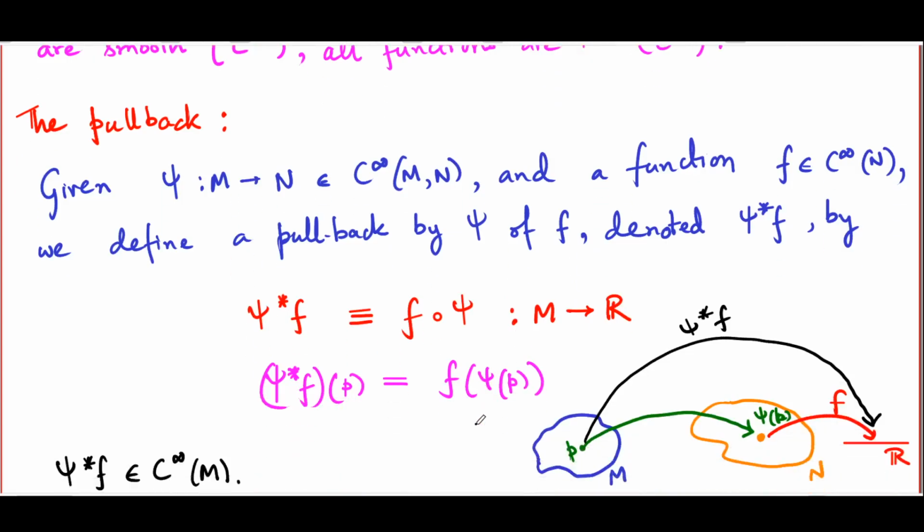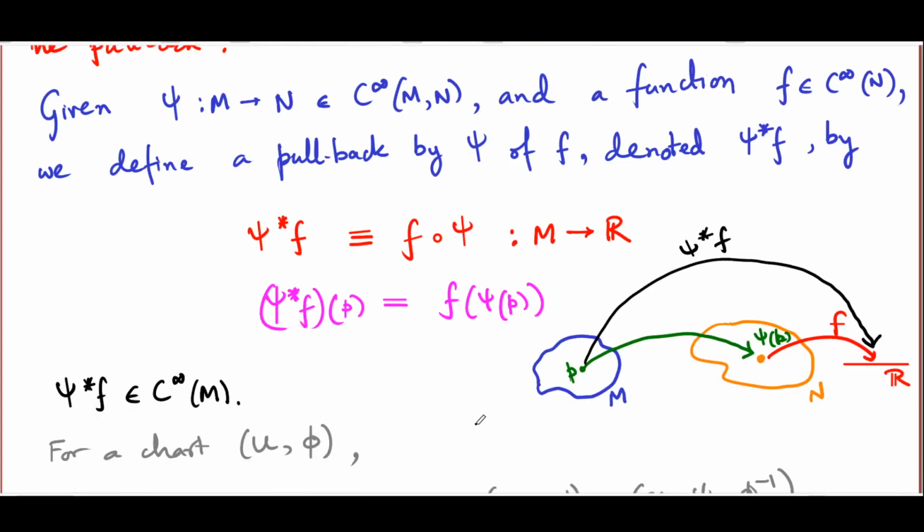So this is a map which takes you from M to R and is shown pictorially here. Here you have the manifold M, which is our domain of the map psi, and the map psi takes you from M to N, and in particular takes the point P to the point psi P. Now f is a function defined on N, so it takes every point on N to the real line, and here in particular it takes psi of P to a given point on the real line.